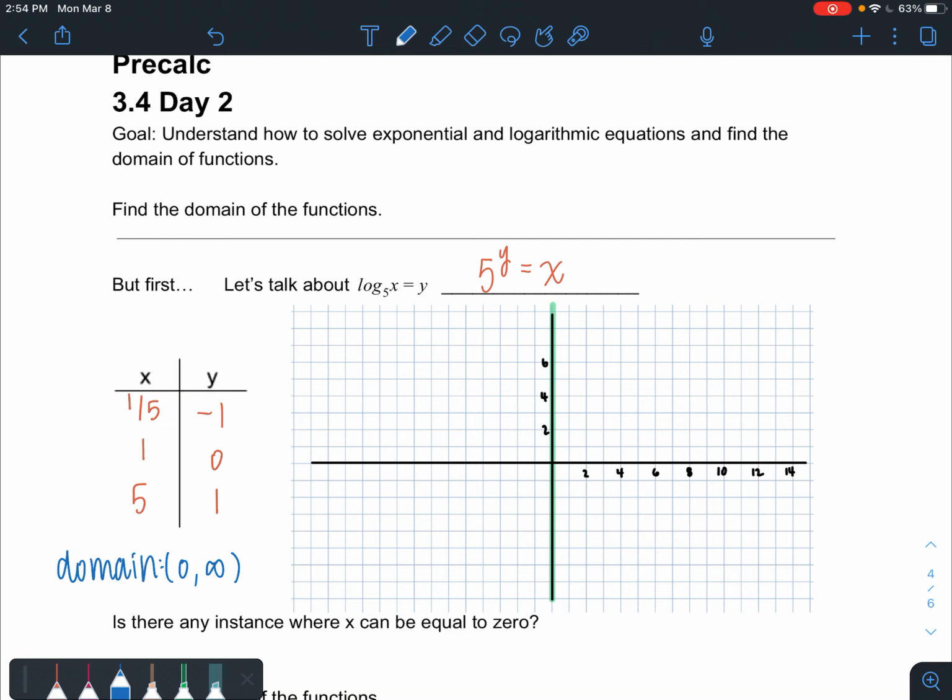So I'm going to go ahead and plot these points. We've got 1/5, -1; 1, 0; 5, 1.